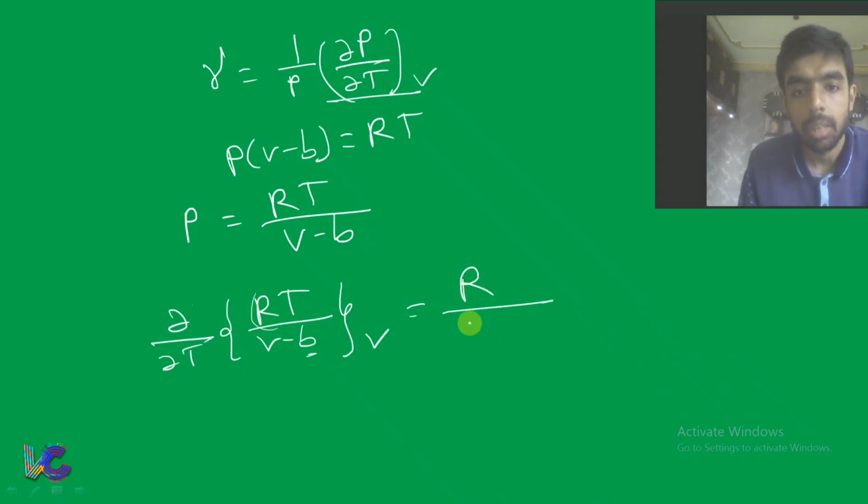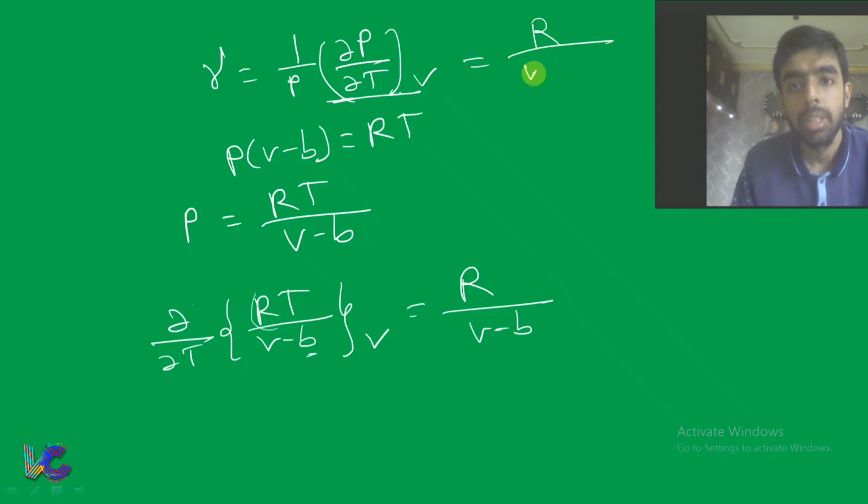So R by (V minus B) comes out of the derivative sign and del T of T becomes 1. So this value is R by (V minus B). You put R by (V minus B) and there is also 1 by P. Now P into (V minus B) equal to RT, so R by RT. That means gamma becomes 1 by T.